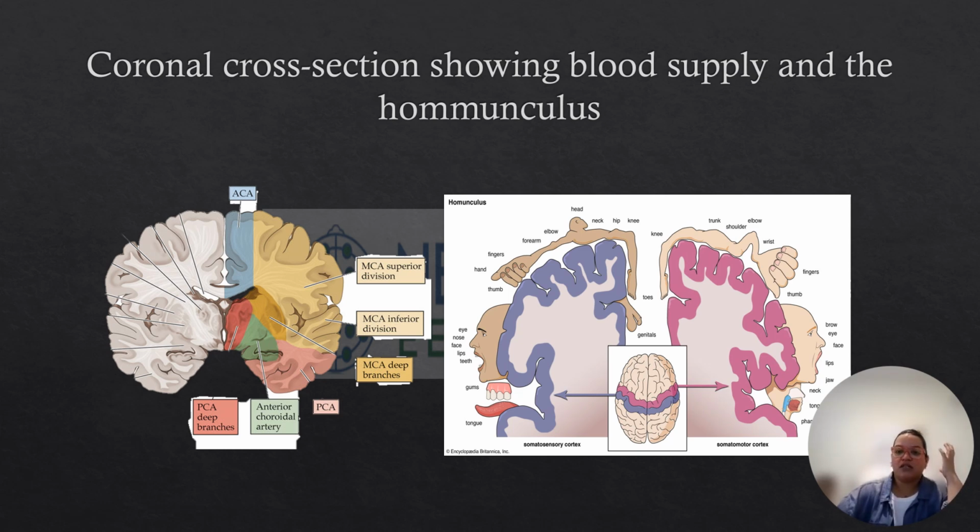But if the stroke was in the left MCA, then we could see some aphasia, right? And also we're going to see weakness or loss of motor function on the right arm. So those are the things that you have to start correlating in order to answer the questions that they're going to ask you about these patients with stroke.